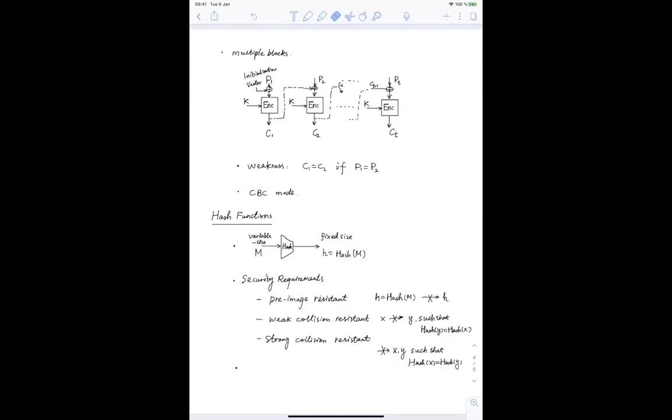Now I want to introduce you some applications of hash functions.